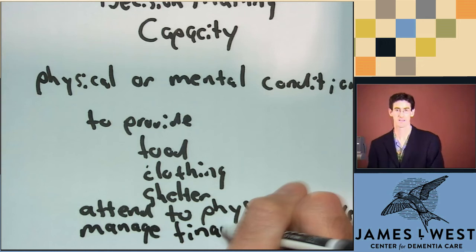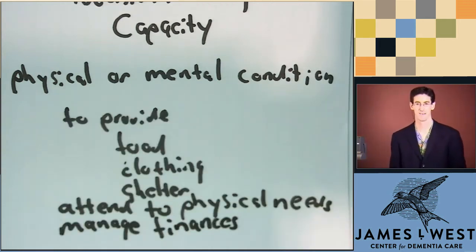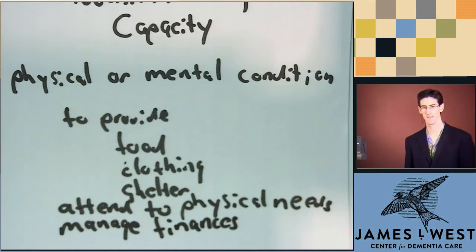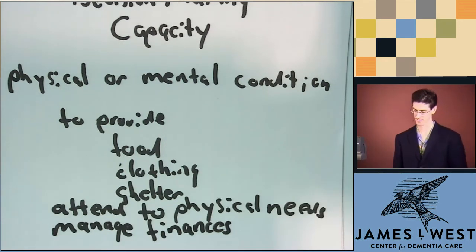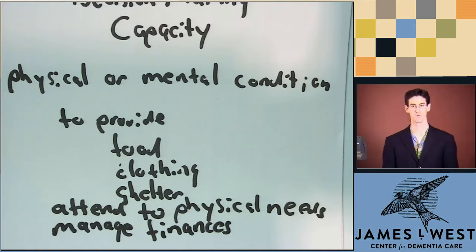So this is the legal definition of incapacity. So a person in Texas would be considered to have decisional incapacity if, because of a physical or mental condition, they are unable to provide food, clothing, shelter, attend to their physical needs, or manage their finances.